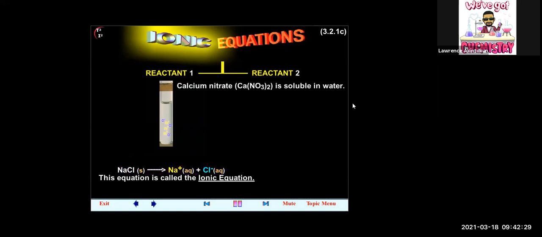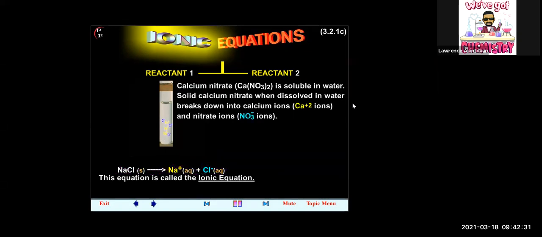Calcium nitrate is soluble in water. Solid calcium nitrate, when dissolved in water, breaks down into calcium ions and nitrate ions.